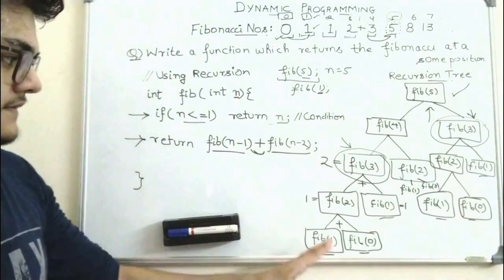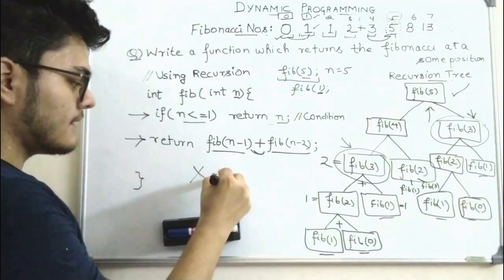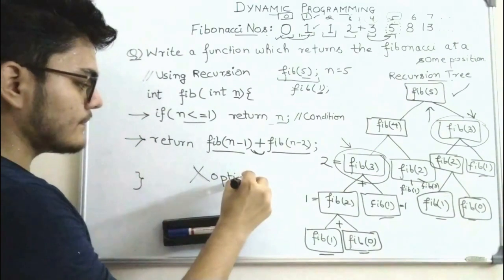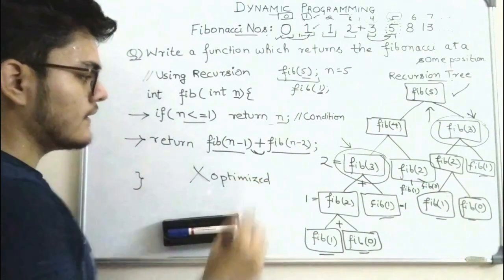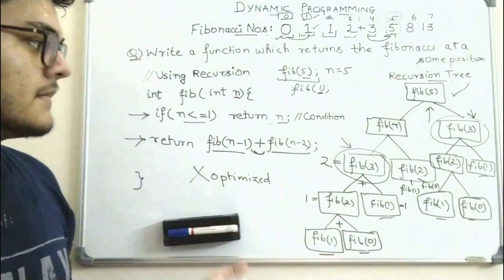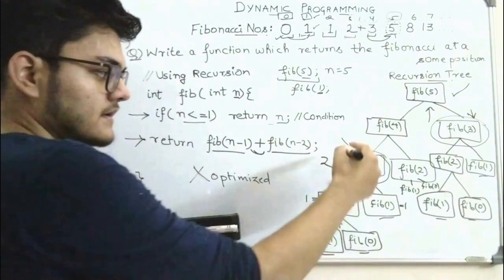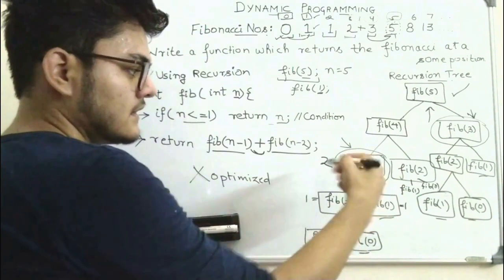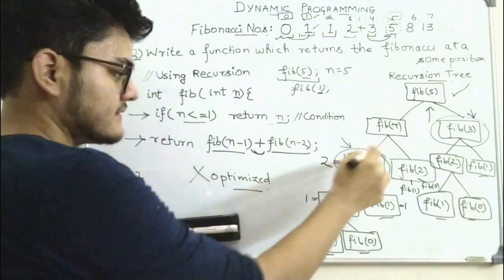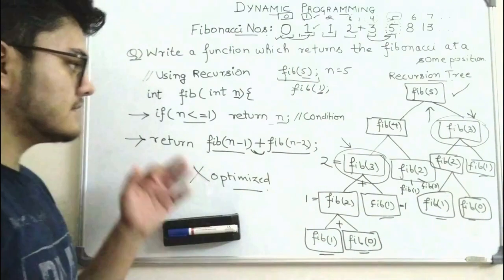So you can see that this program is not optimized, because we are doing the same step again in the same function. So we can do something to optimize this whole problem.